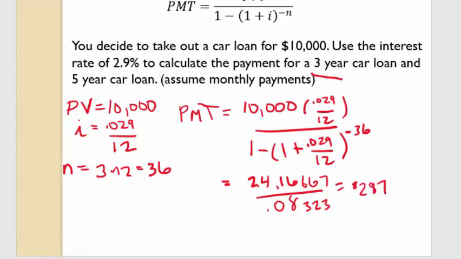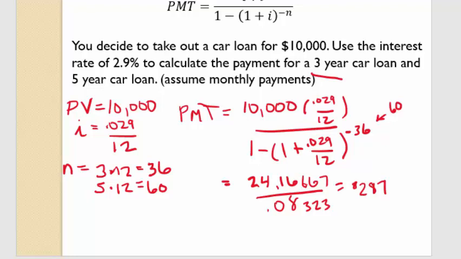Now that's a payment for 3 years. To calculate the payment for 5 years, you're simply going to change the exponent. Instead of 36 periods, you're going to have 5 times 12, which is actually 60 periods. So replace this 36 with 60.